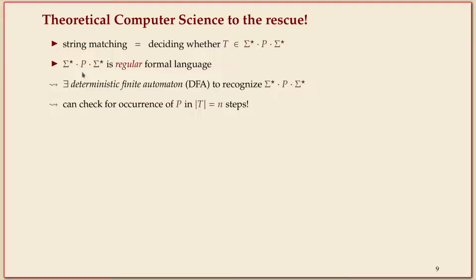You could use any kind of programming language library for regular expressions and express that. They often have different syntax, but they can express something like this. Now, theoretical computer science will tell you that if you have a regular expression, there is a deterministic finite automaton, that's what the DFA was, that recognizes exactly this language.